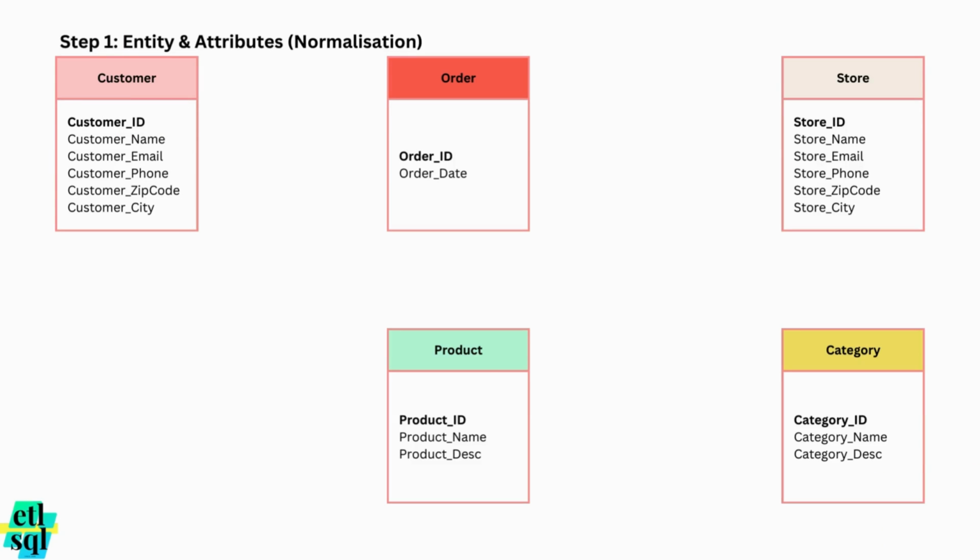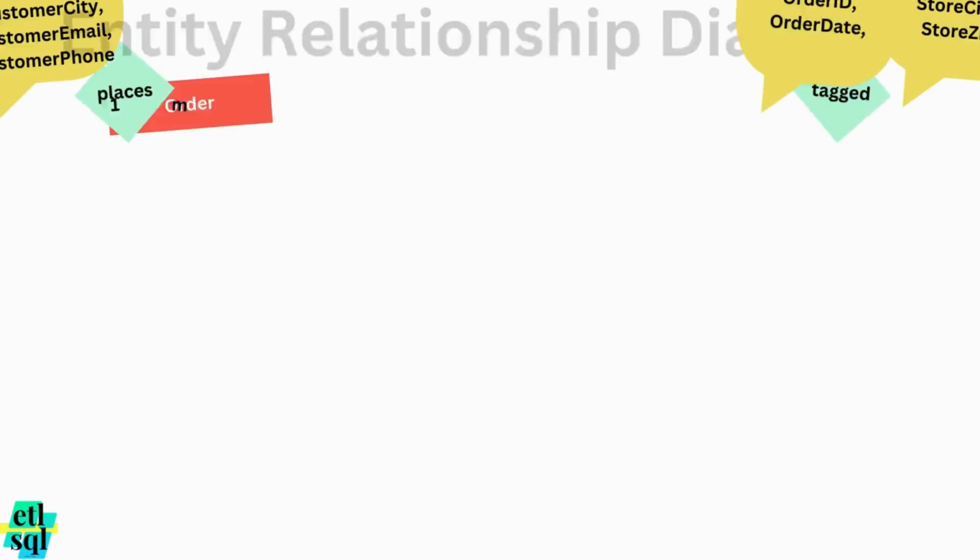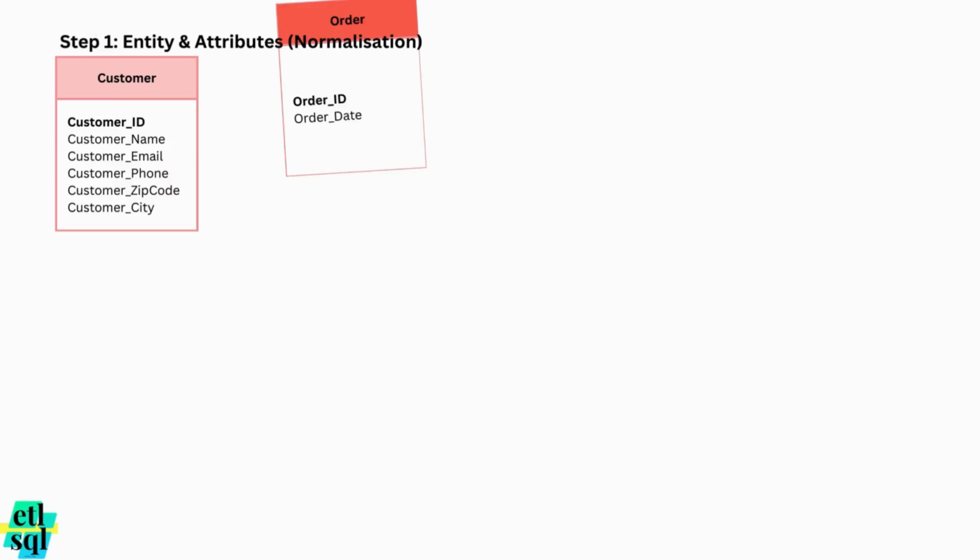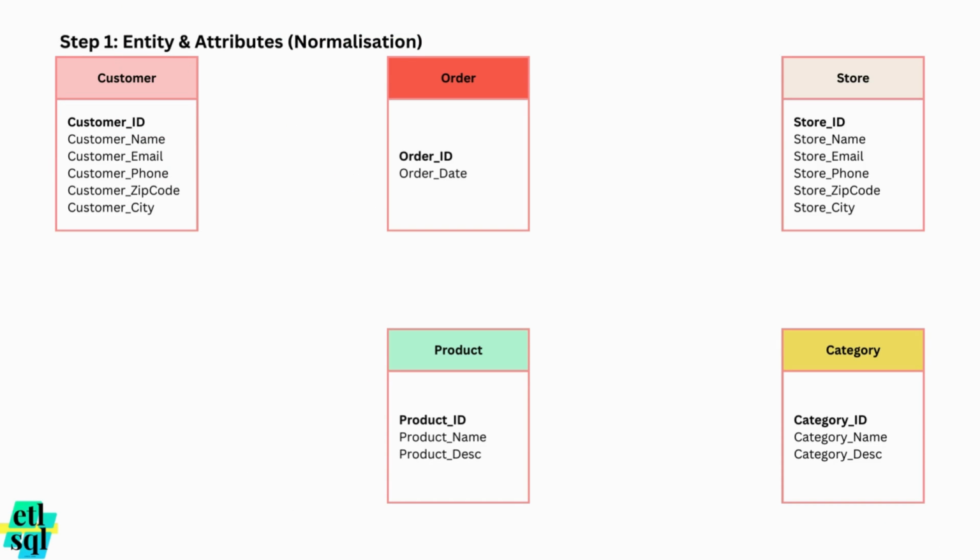The very first step is entity and attributes in the normalization. So what I have done here is all the boxes here, I have converted into the tables. As I said earlier, entities will become tables. So I have customer table, order table, store table, category table, and product table. And if you can recall, I also mentioned the attributes will become the column names.